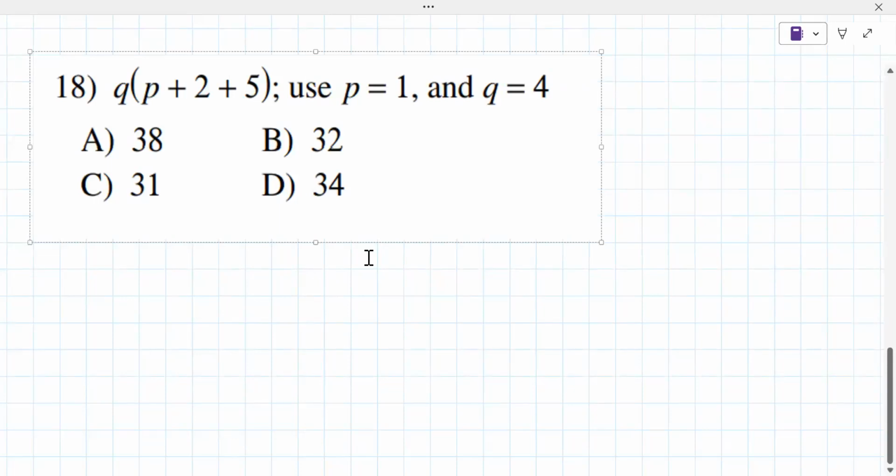All right, so here's a new question for you to look at. It's kind of related to order of operations. So I'll just throw it at you and see what you come up with here.